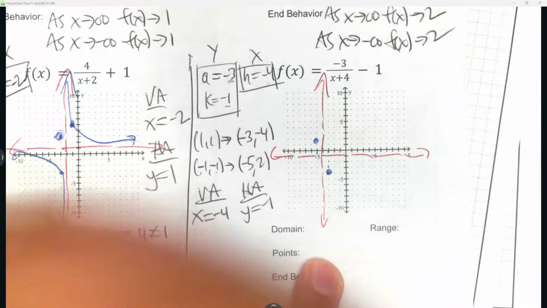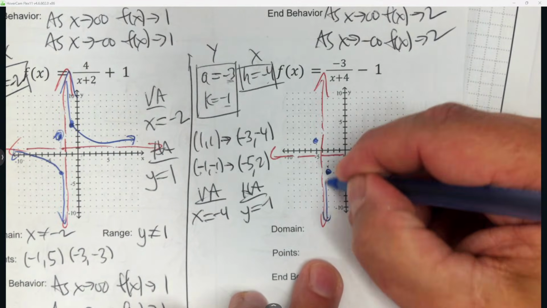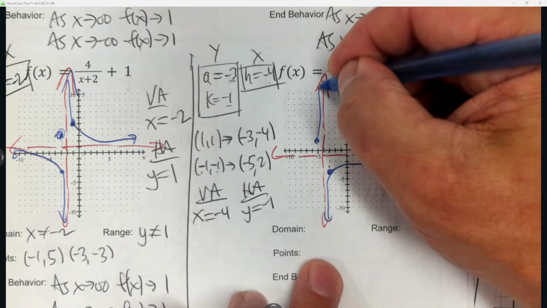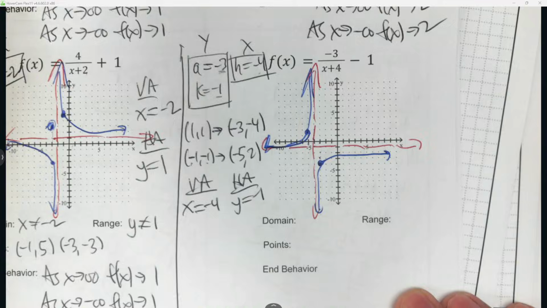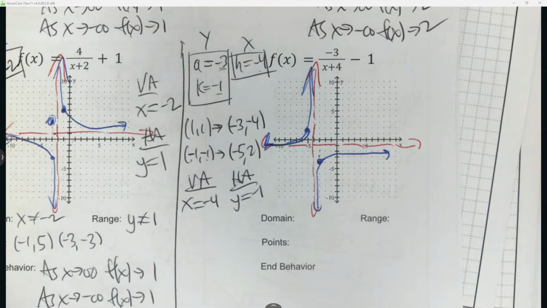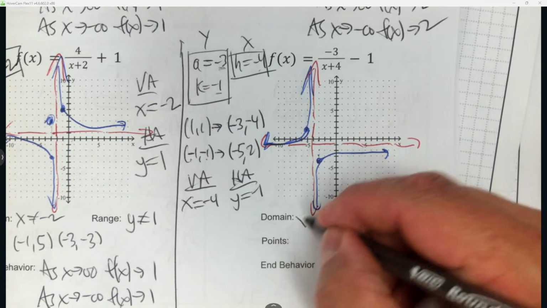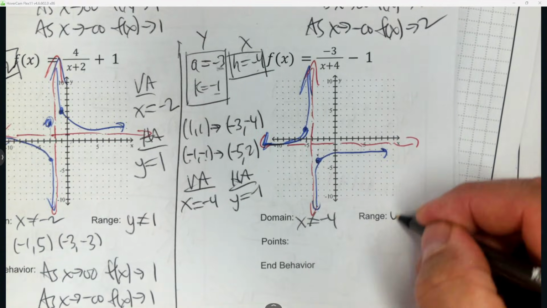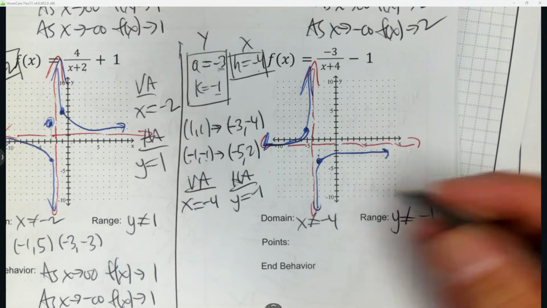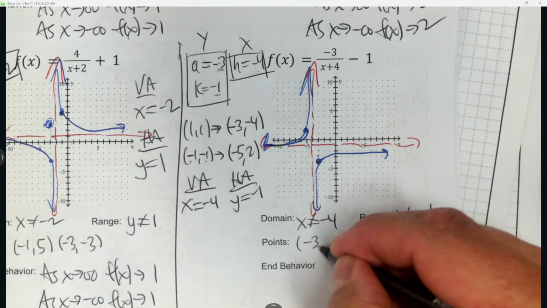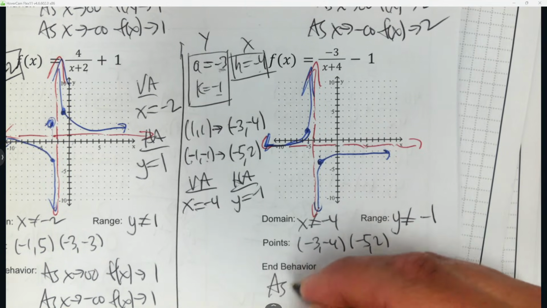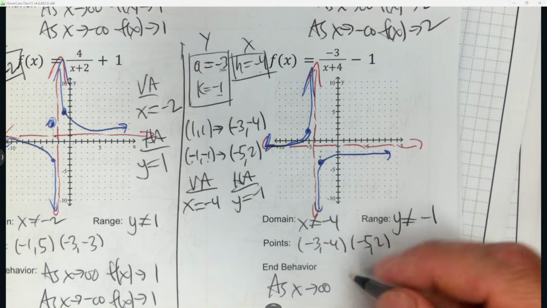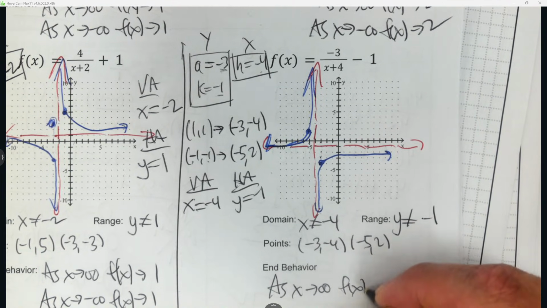And I'm going to draw them. To write down the domain, x cannot equal h, y cannot equal k. The two points I used were (-3, -4) and (-5, 2). And the end behavior approaches the k value, which is negative 1.